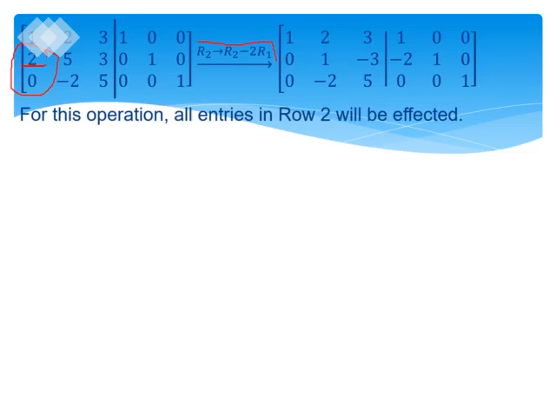So we use row 1 because our leading one is at row 1. For this operation, all entries in row 2 will be affected. So not just for A but for the whole matrix. For I also will be changed here. So jangan buat A saja, I kena ubah.